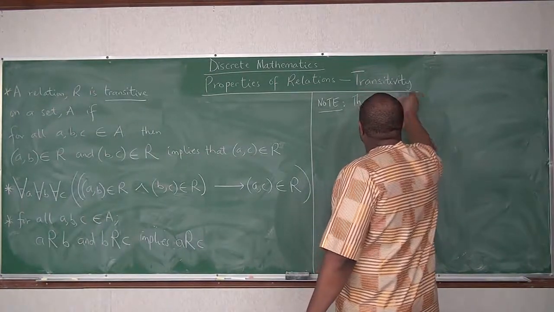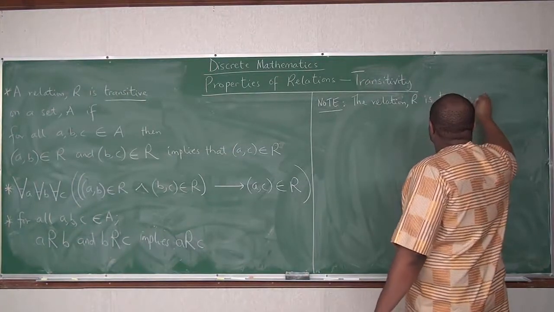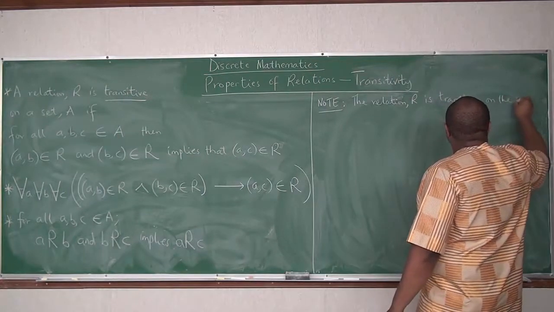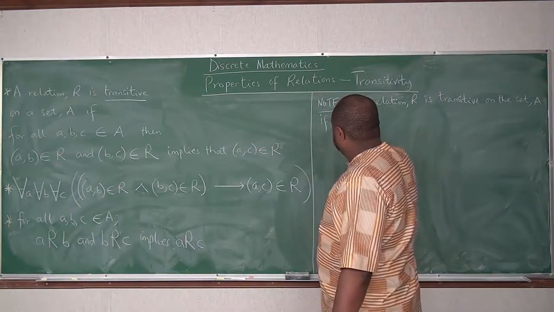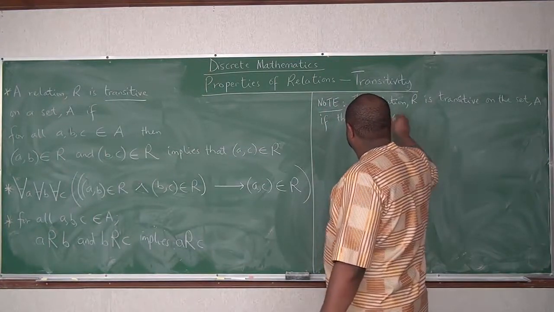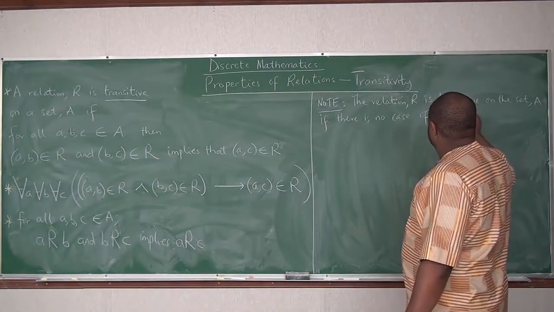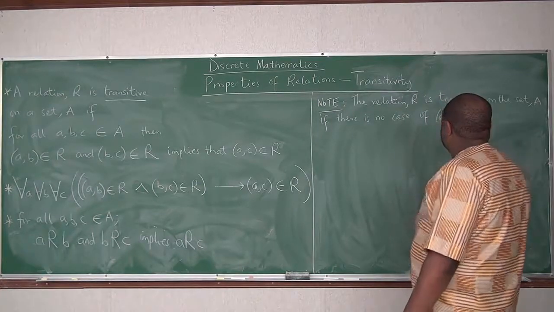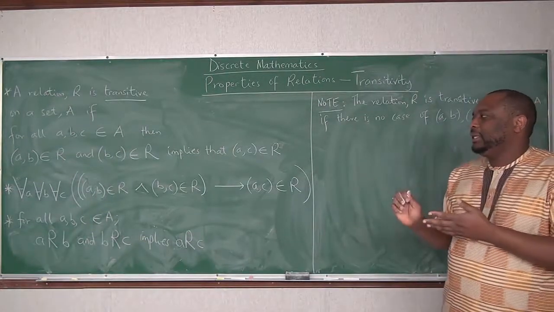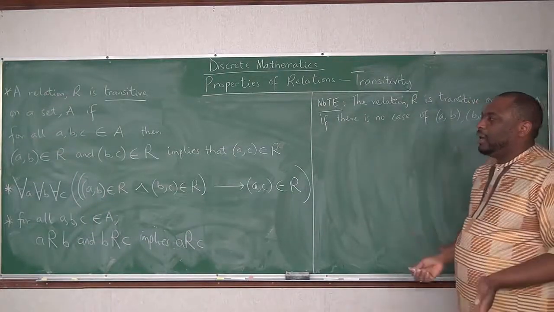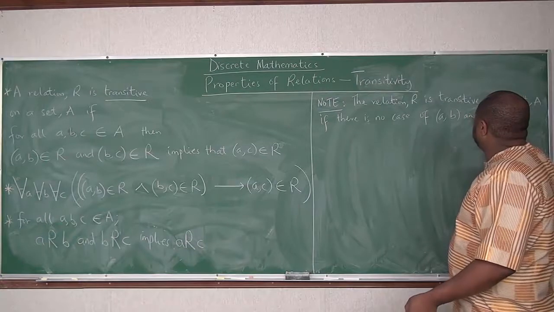The relation R is transitive on the set, say A, if there is no case of AB and BC.